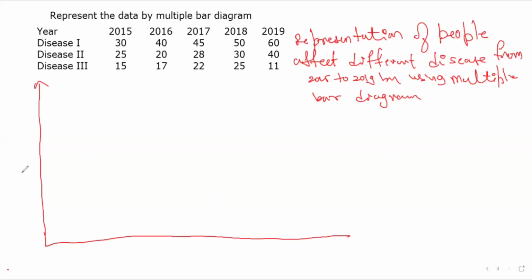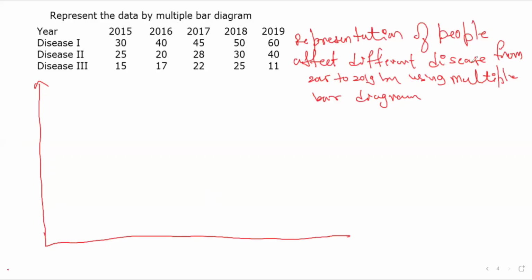Number of... Okay, I need some space here. Along the y-axis, we consider the number of people. Now, what is the minimum? Minimum is 11, but maximum is 60. It means we need to represent up to 60. For that, we need to consider the scale.